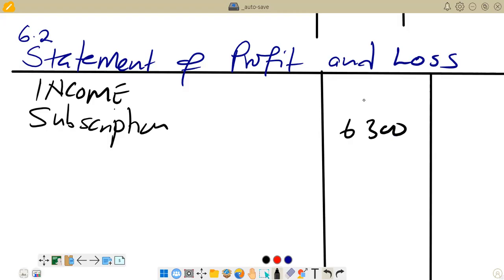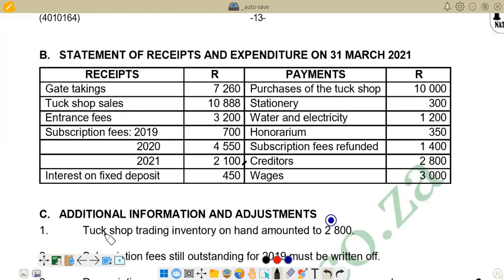And then we go to the question to check what we have in terms of other incomes. We can get them on the debit side where we've got receipts. We've got gate takings here, 7,260 is one of them. We also have entrance fees, 3,200. And then also we have the interest on fixed deposit, which is 450, also part of income.